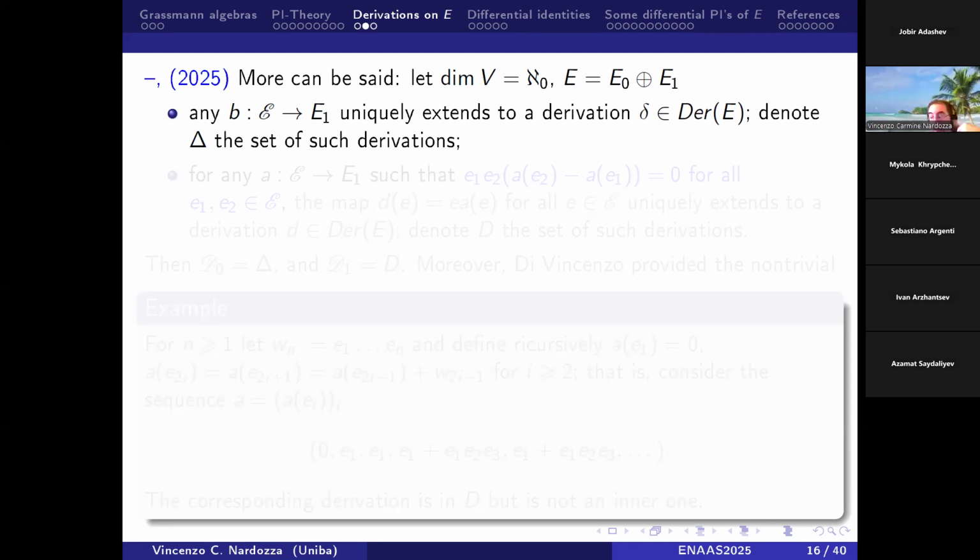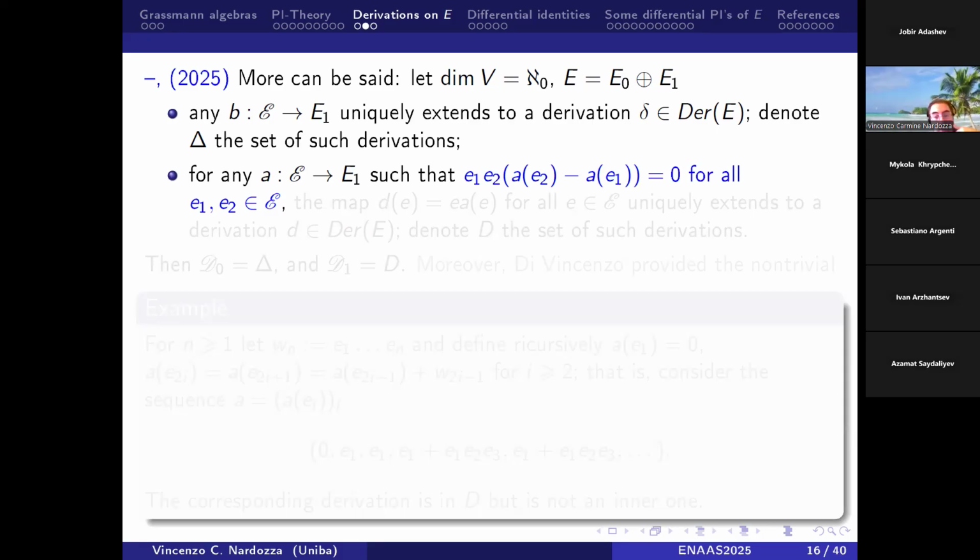Then there is another way of defining a basic derivation of the Grassmann algebra. Start again with any set theoretical map from the basis fixed in V to the odd part A sub 1 of E. But one has to choose a map satisfying this relation.